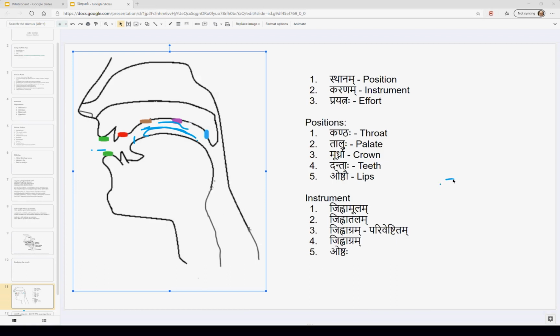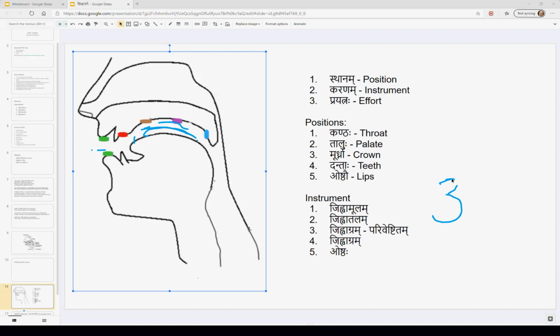And for U, the sound comes out as U when the lips are rounded, throat muscles are relaxed, and then what?